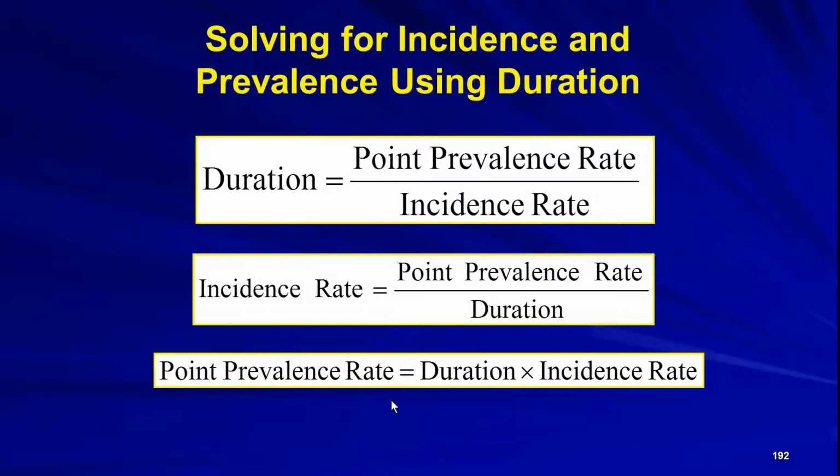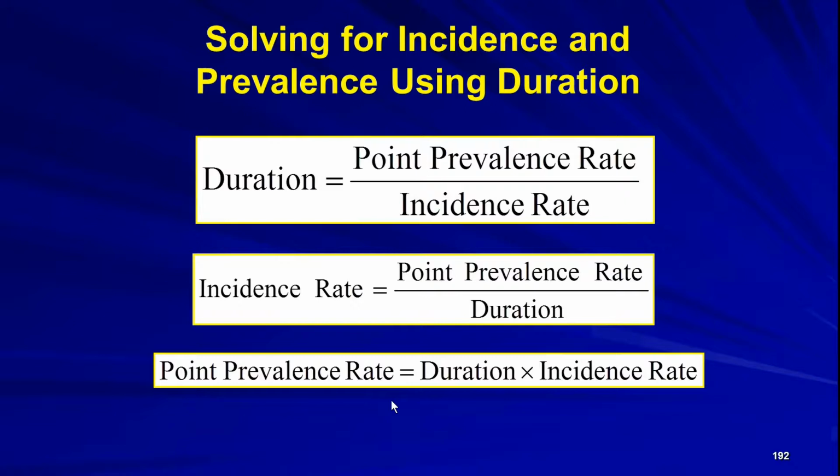Okay, so here's different ways that we can solve for different elements or different information that you might want to know. And duration is the primary one that we're going to focus on, and you'll want to learn and commit to memory. This is just a manipulation of these three, and you can do that.